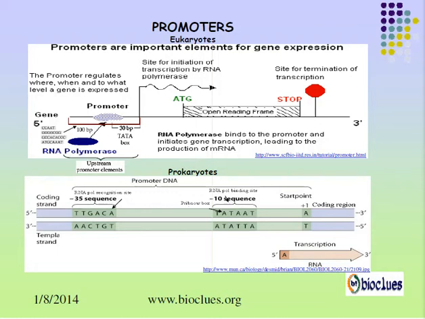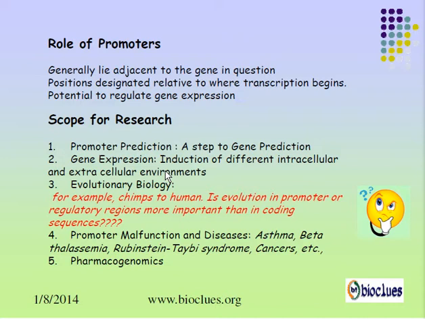Now, lying adjacent to the gene in question and positioned relative to where the transcription begins, the promoters have the potential to regulate gene expression. So, promoter prediction is an important step, or traditionally the first step, to gene prediction.